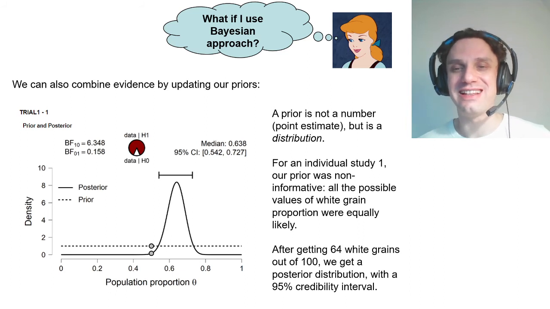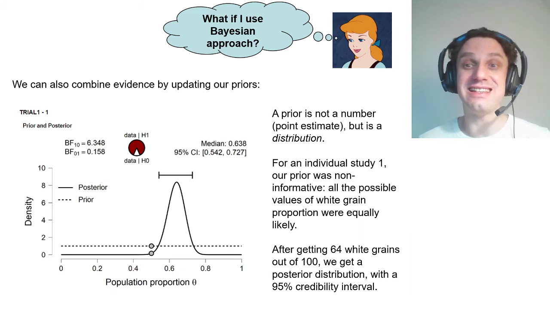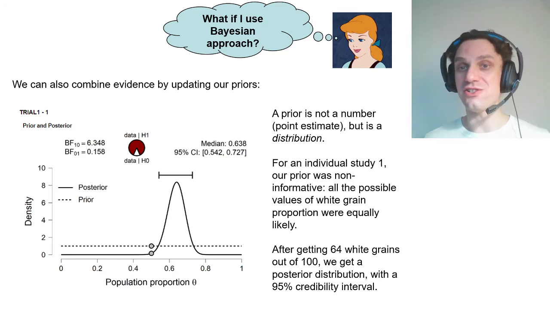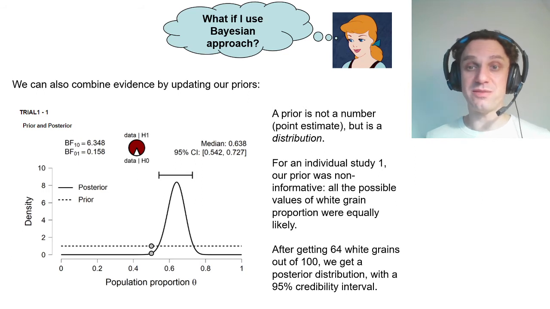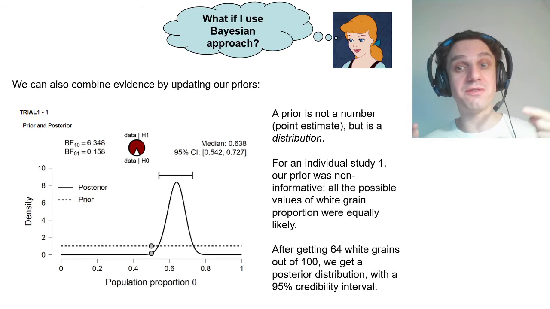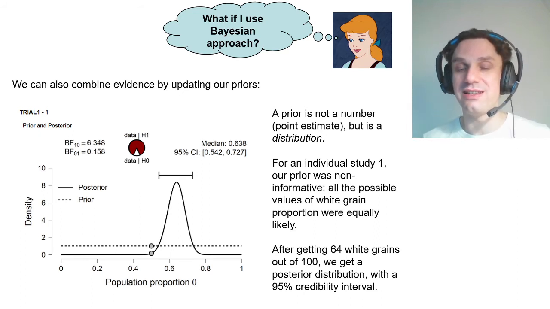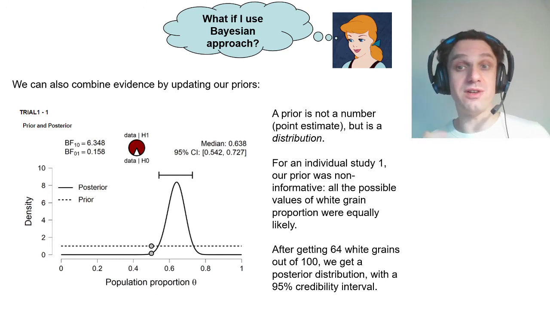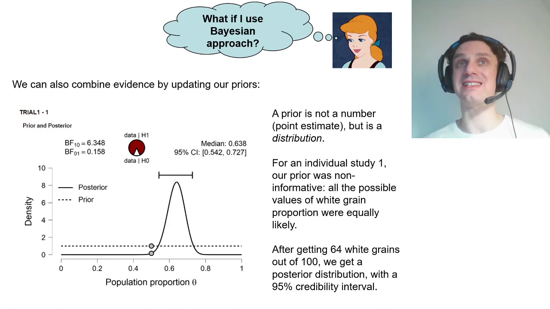First of all, what we need to understand is that in Bayesian tests, our prior information can be incorporated into analysis. And this prior information is not expressed in the form of a probability, but it's expressed in the form of a probability distribution. So we can very flexibly choose our priors to inform our analysis.